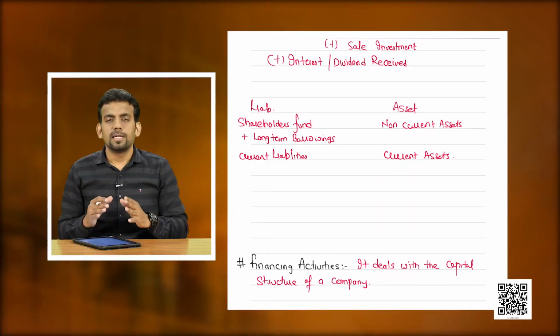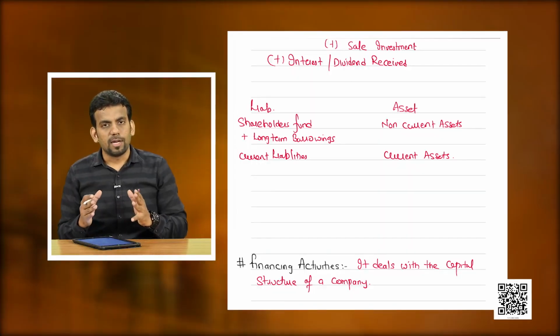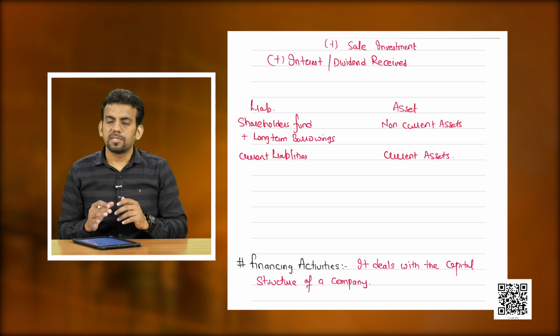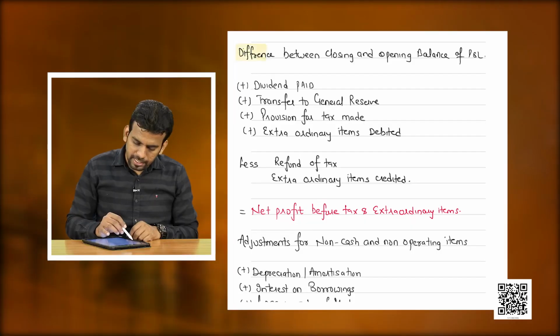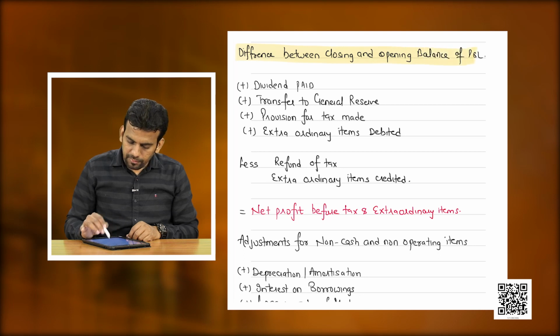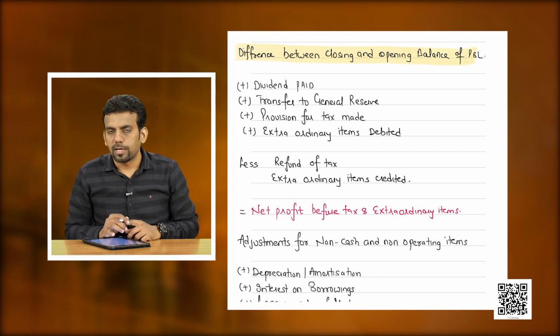Let us understand how we start with the operating activity. As we have already discussed, operating activity means dealing with operational things of a business: buying goods, selling goods, paying expenses, receiving incomes. And we have already learned that these are all done in the profit and loss account, or say the income statement when it comes to a company. So, we would start with the difference between the closing and opening balance of the profit and loss account.